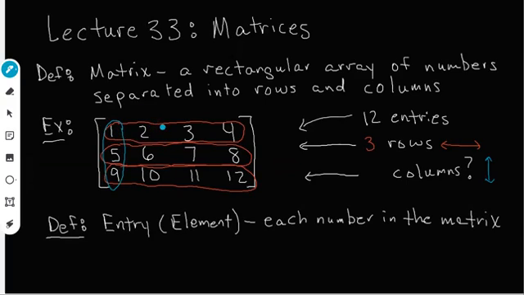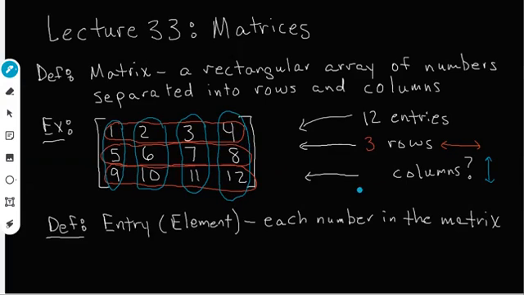And now let's circle the second column. The second column is right here. The third column is going to be right here, the 3, 7, and 11. And the fourth and last column is going to be over here, 4, 8, 12.